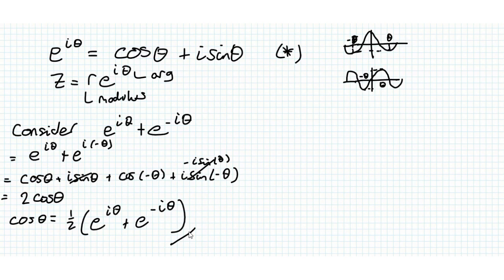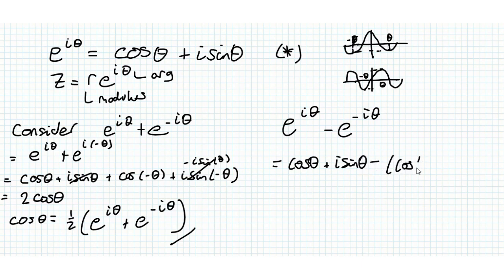Now we're going to consider e to the i theta minus e to the minus i theta, and we're going to do a similar thing. I'm not going to write this intermediate step, so this is just equal to cos theta plus i sine theta minus cos minus theta plus i sine of minus theta.